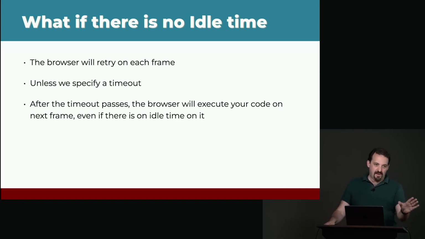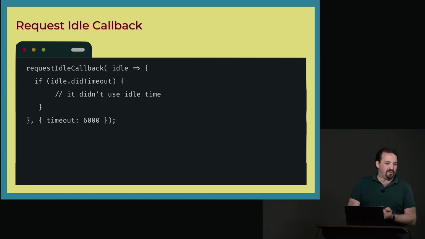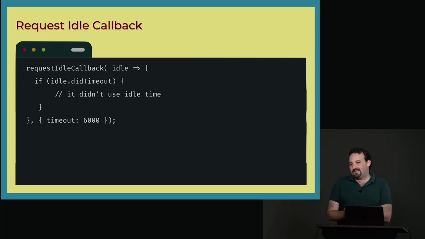I can wait. I'm patient, but after 3 seconds, okay, give me some time, even if it's not idle time. Okay, make sense? Just the timeout property. So you can see the APIs are pretty simple. You just need to understand when to use them and how you need them. That's all.